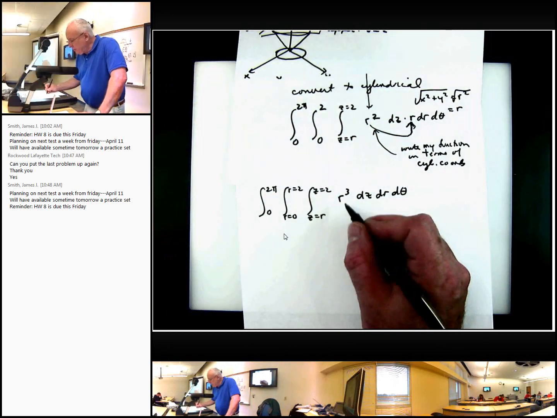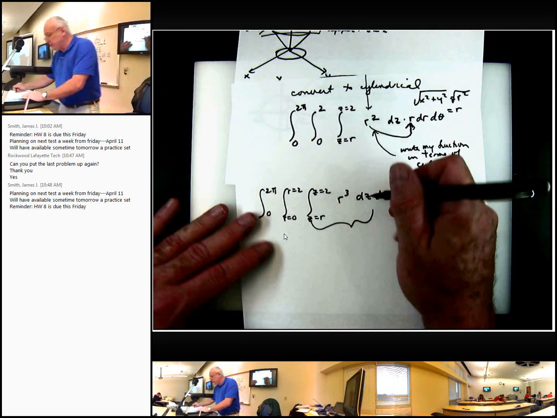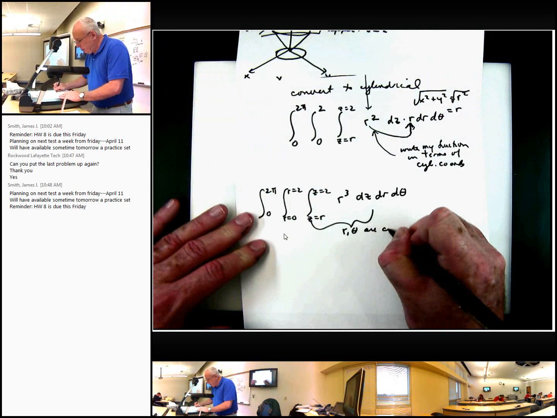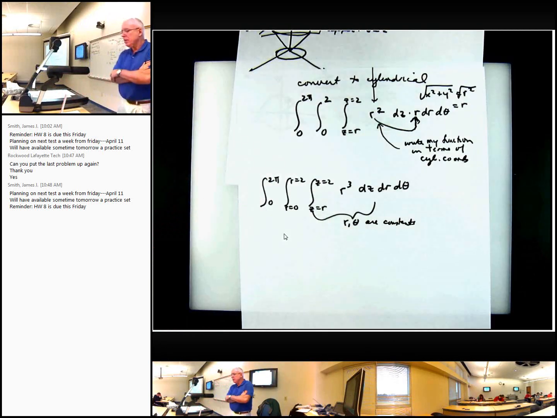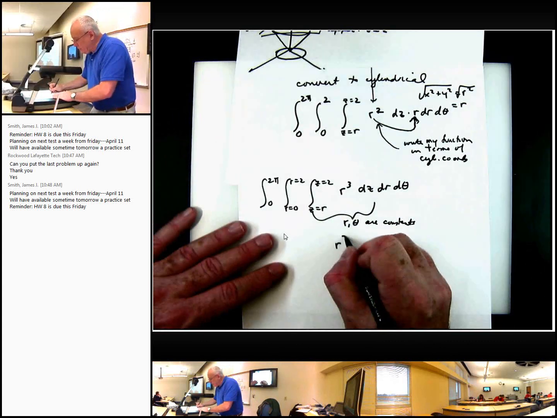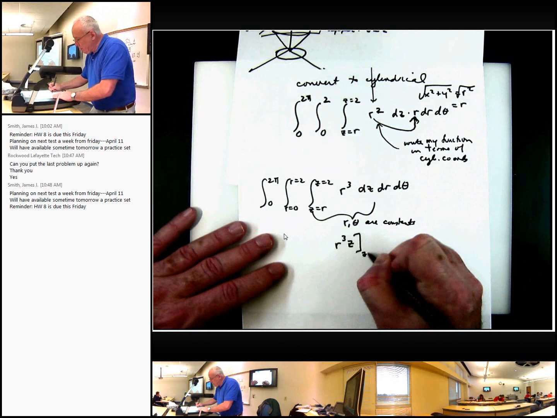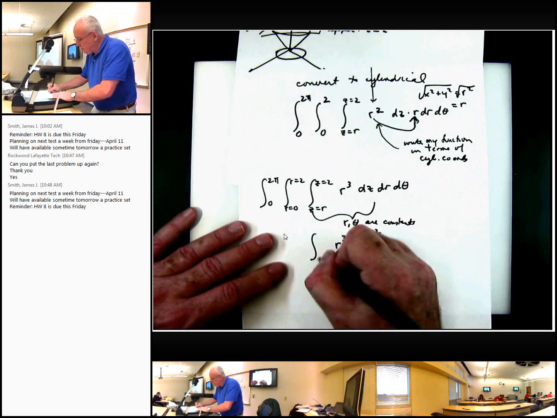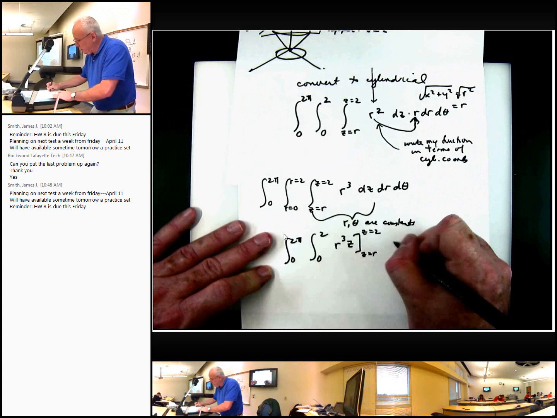So basically we go from the inside out. The inside is with respect to z, so r and theta are constant. All right. So my inside antiderivative is going to be r to the third times z, as z goes from r to 2. And then I have 0 to 2, 0 to 2 pi, dr, d theta.